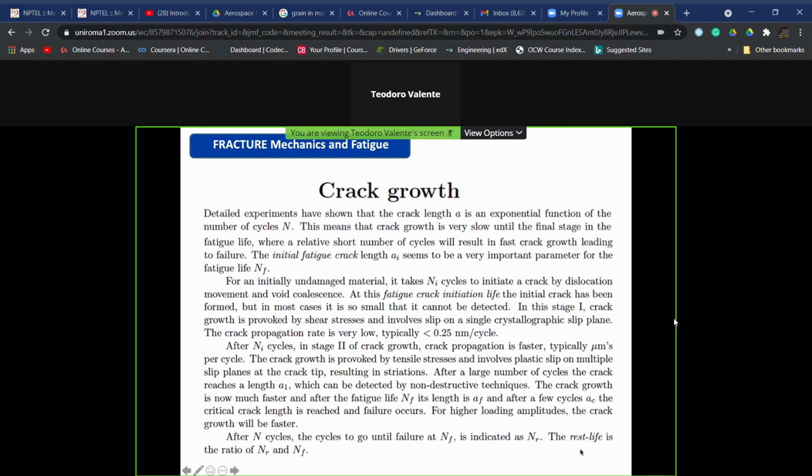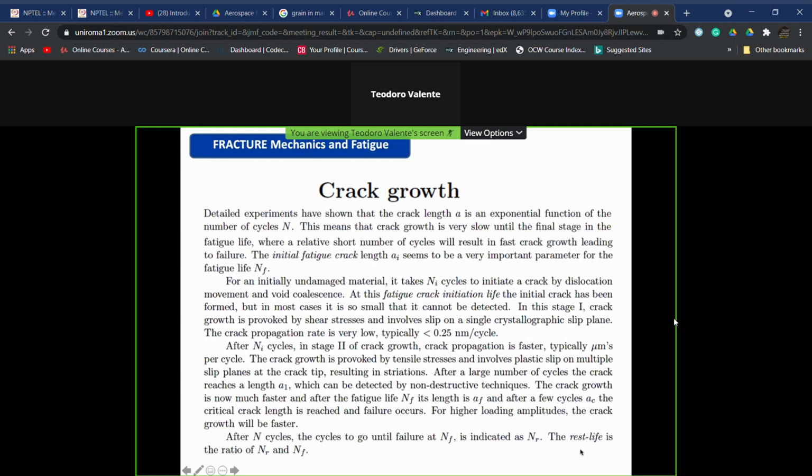After this number of cycles Ni, which is necessary to initiate a crack when it is not existing, we enter the so-called stage 2 of crack growth, and the crack propagation is faster. Typically, and again, not exclusively, it is on the order of some micrometers per cycle.